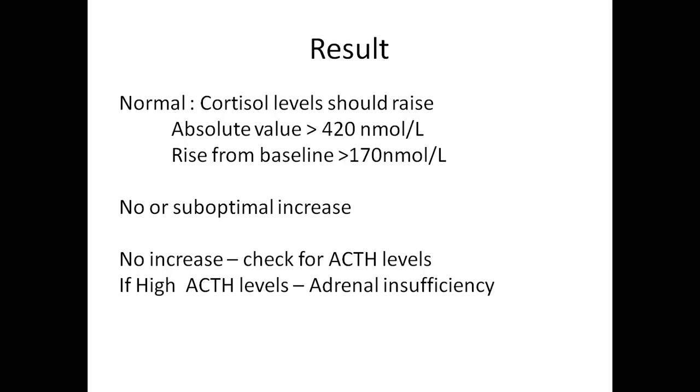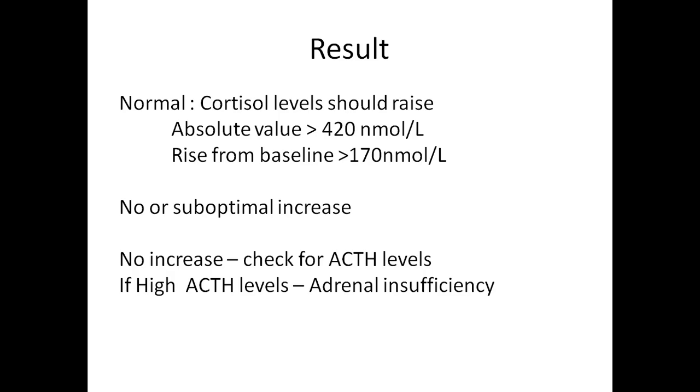Now, what is the normal result? The normal result is that the cortisol levels should rise. The absolute level should be greater than 420 nanomoles per liter, and we've taken a baseline cortisol level at 0. After 1 hour, there should be at least 170 nanomoles per liter increase of cortisol.